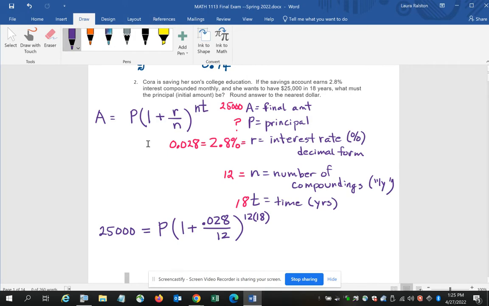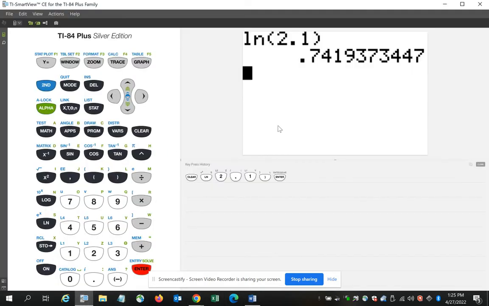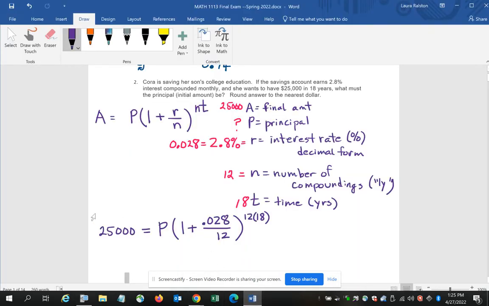And then you need your calculator. I work from the inside of the parentheses out, so I would start inside the parentheses.